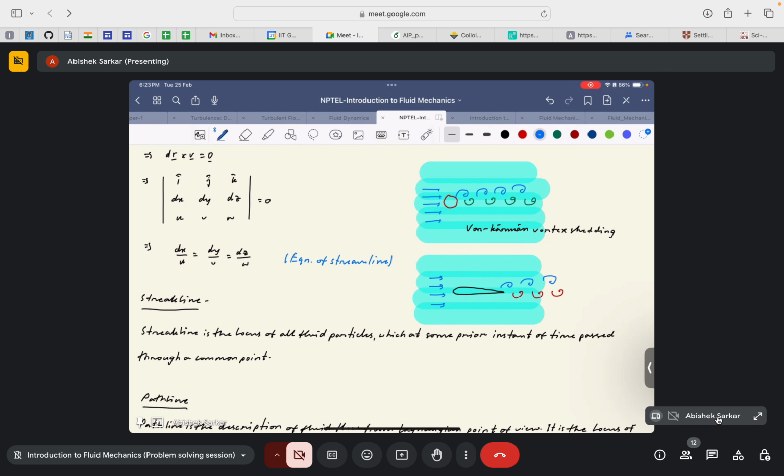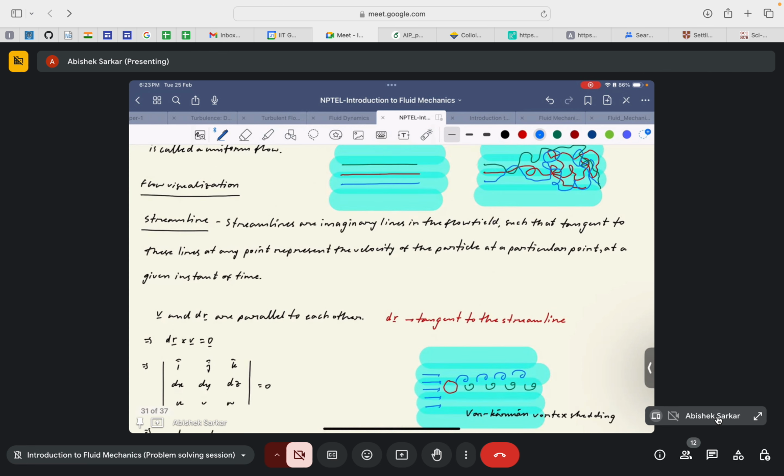So when scientists looked into such phenomena, they were quite intrigued that there should be some methodology to understand these patterns. In order to understand it, they formed the concept of flow visualization.